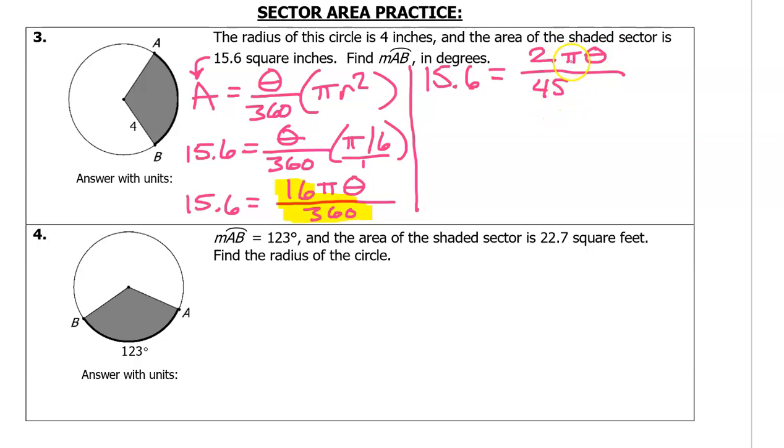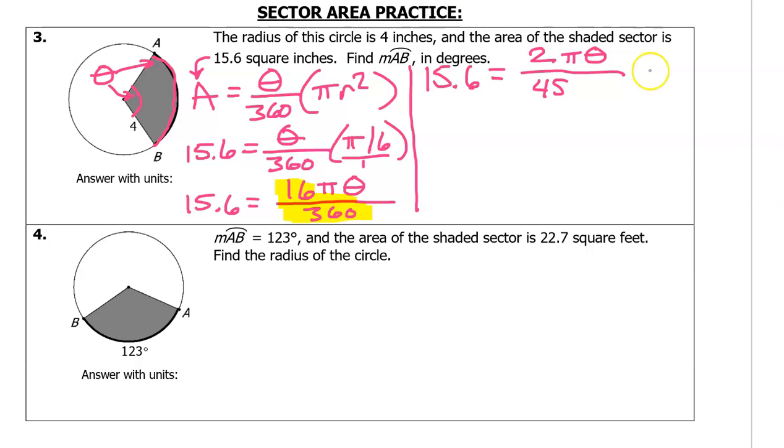So we just need to get theta by itself. We are supposed to find the measure of arc AB in degrees. That is the same as theta. The arc length in degrees and the angle in degrees are both theta. They are both the same thing.